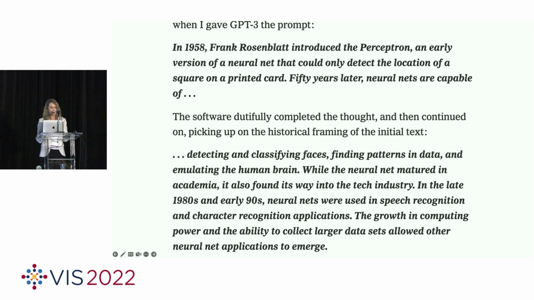Neural nets are capable of detecting and classifying faces, finding patterns in data, and emulating the human brain. While the neural net matured in academia, it also found its way into the tech industry in the late 80s and early 90s, blah, blah, blah. All this stuff is correct from my perspective. So, there are these amazing stories. Now, I'll be sure to talk about the drawbacks of these, don't worry.